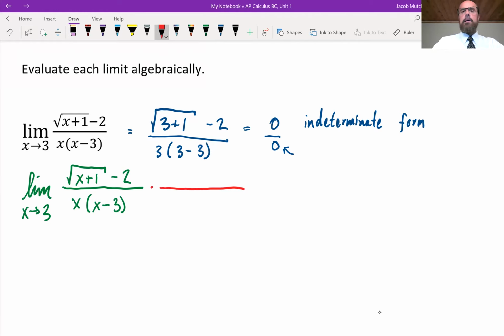So anything under the radical we want to treat as one term. That does not change. So this is the square root of x plus 1. 2 is unchanged. What will change is the minus. Instead of minus 2, the conjugate will have plus 2. So again, that's just a little insight into what you do if it's a more complicated radical difference.